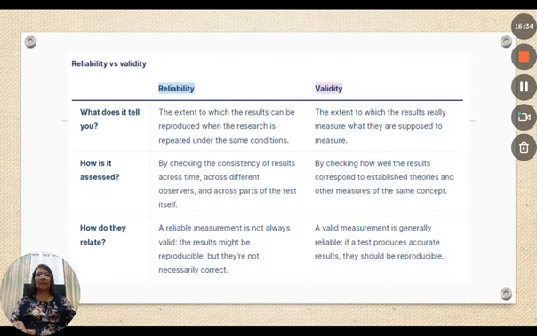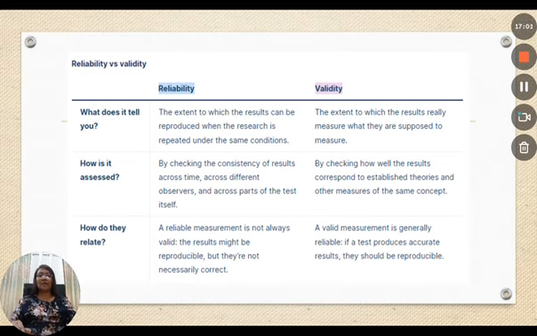Then we have here reliability versus validity. What does it tell you? Reliability: the extent to which the results can be reproduced when the research is repeated under the same conditions, while validity: the extent to which the results really measure what they are supposed to measure.